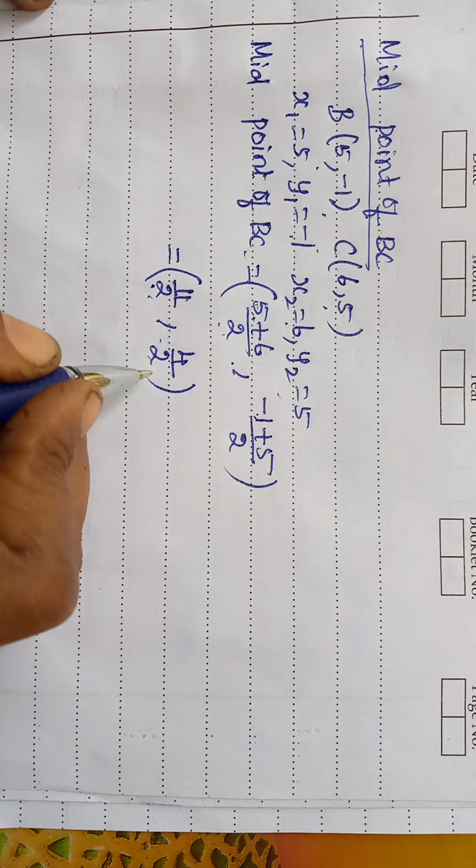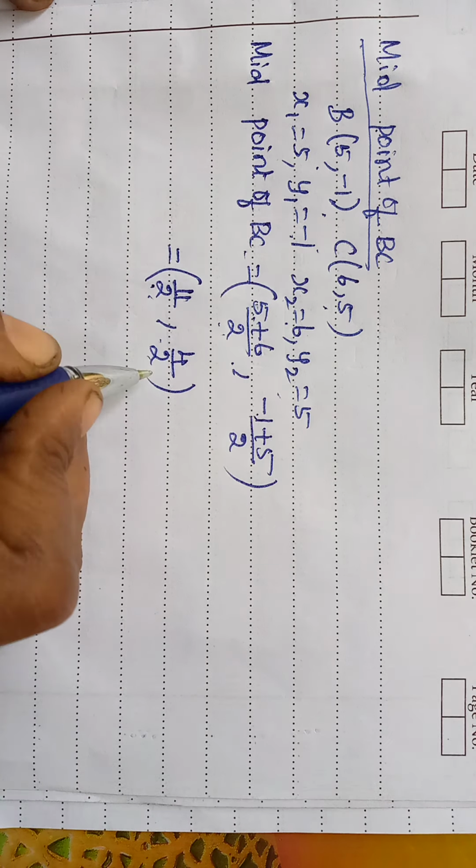Let us divide it, we get 2. That is equal to (11/2, 2). This point is known as Q, so Q is equal to (11/2, 2).